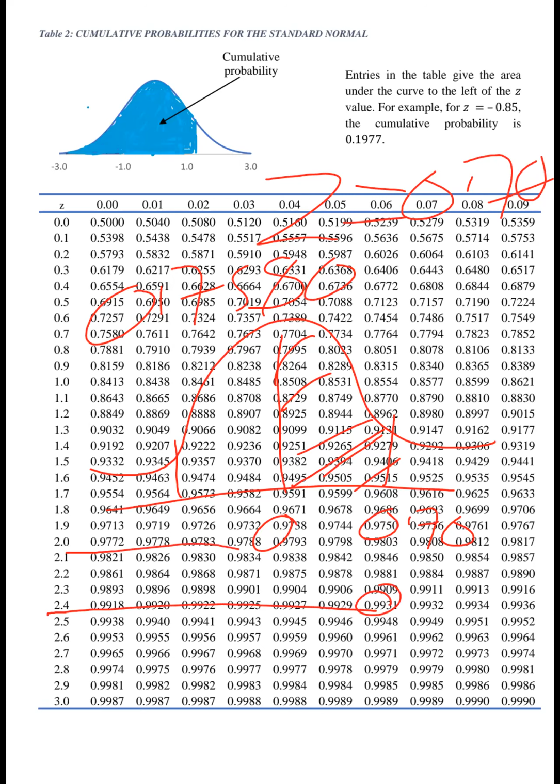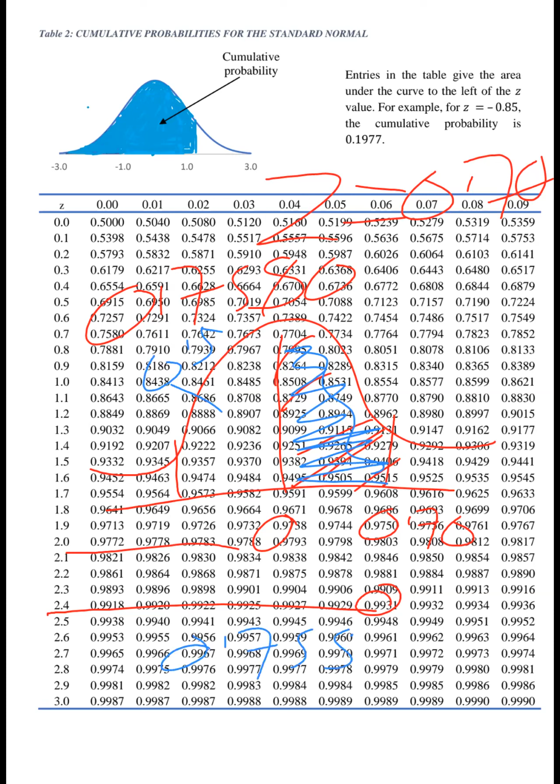So to remain with this area, let me use the blue marker, we just have to subtract 0.5 from 0.7580. So you say 0.7580 minus 0.5.